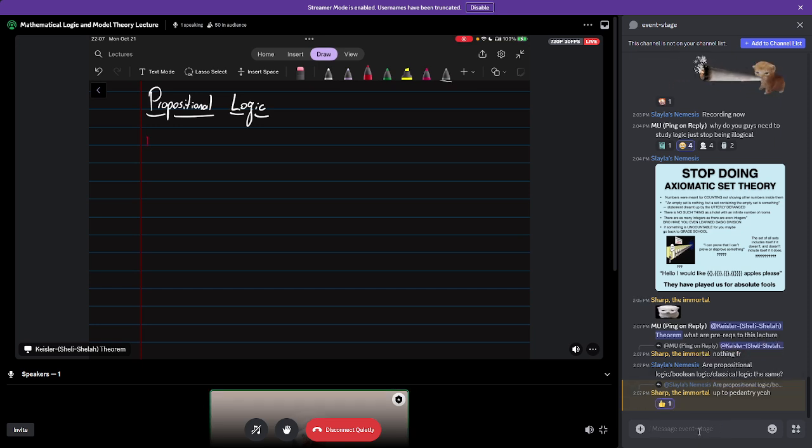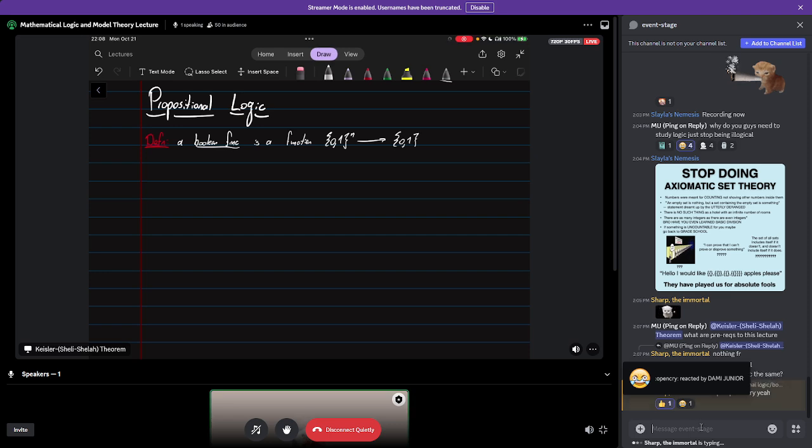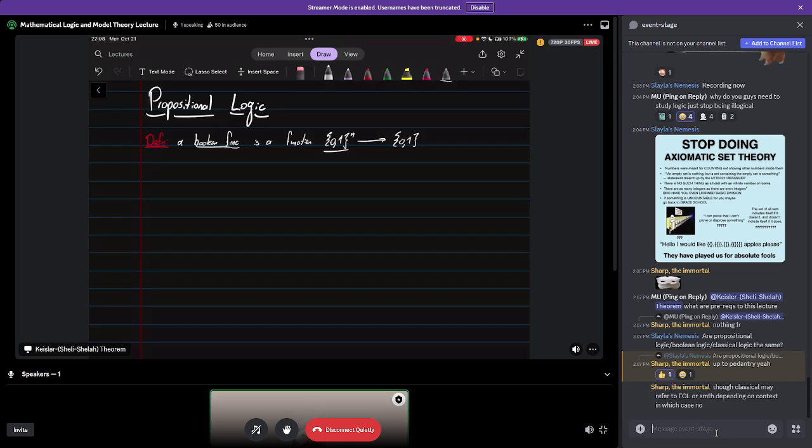Okay. Let's start with the definition. A Boolean function is a function from the set {0, 1} to the power of n to {0, 1}. This set on the left is a tuple of Boolean values, zeros and ones.